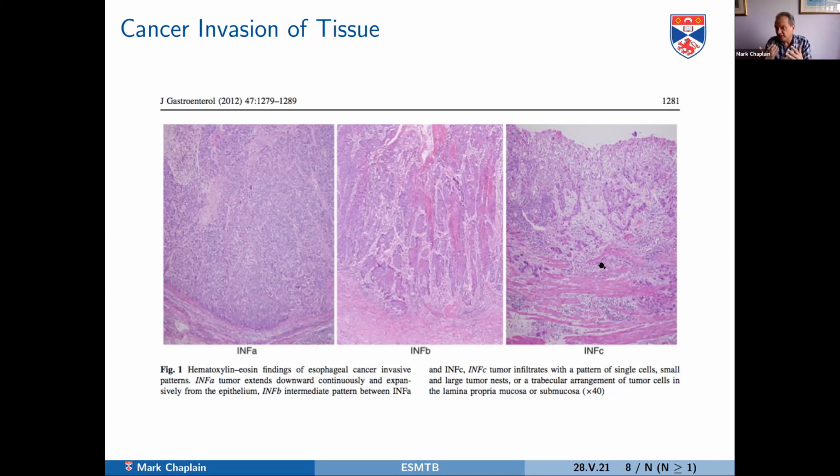So surgery is still a treatment method. And so in case A, if you're a surgeon, you could quite clearly just cut here and you would be confident that you would remove the cancer. If you're presented with pattern C, it's not clear where you want to cut away the cancerous tissue because it's mixed in with the normal tissue.